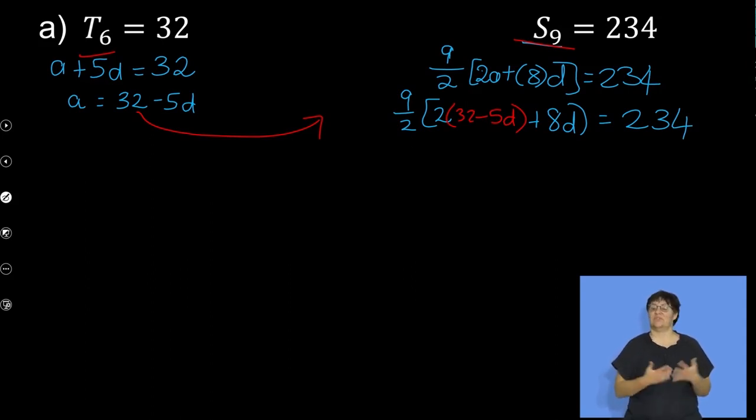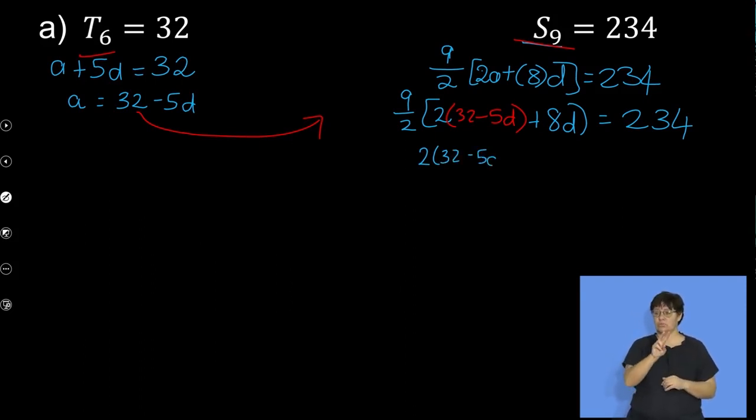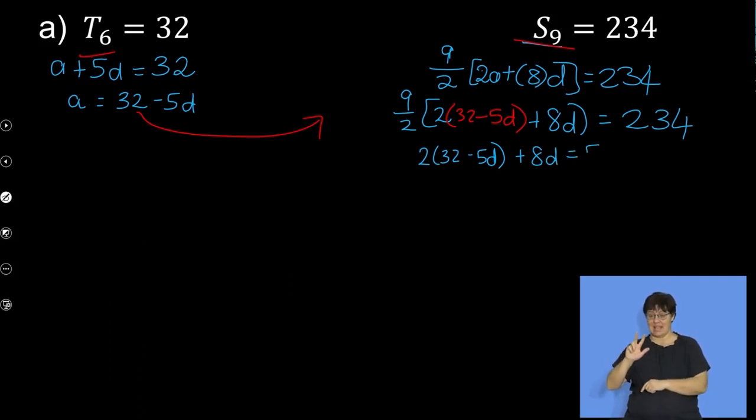Great, guys. So I'm going to divide this entire equation by 9 over 2 to make it slightly easier for me. So it's going to leave me with 2 times 32 minus 5D plus 8D is equal to 52. So I got that 52 by dividing 234 by 9 over 2.